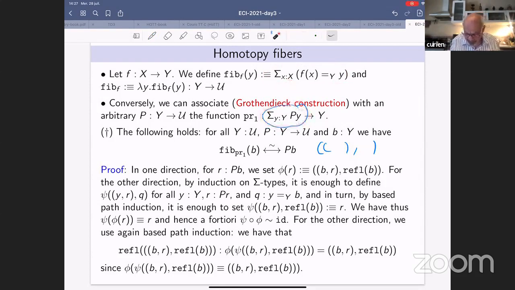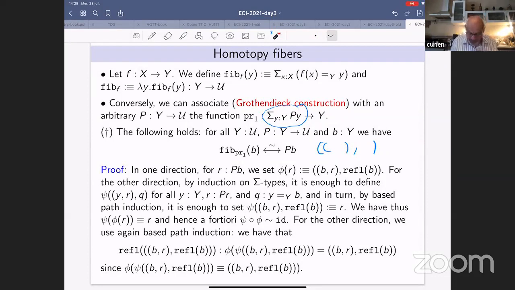This is why I have a pair whose first element is a pair, because the first element should be here. But this here is instantiated as a sigma type. So here I have as first element of this pair a pair, and this pair is an element of sigma y py.